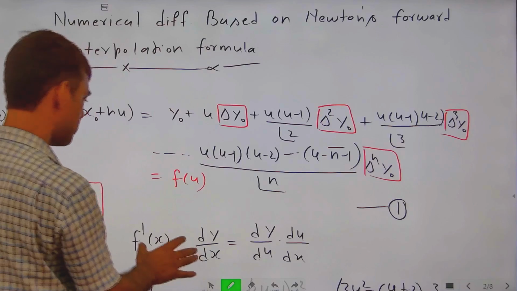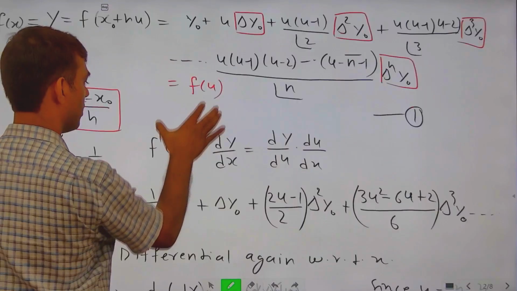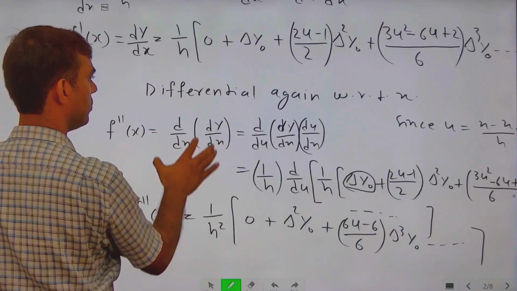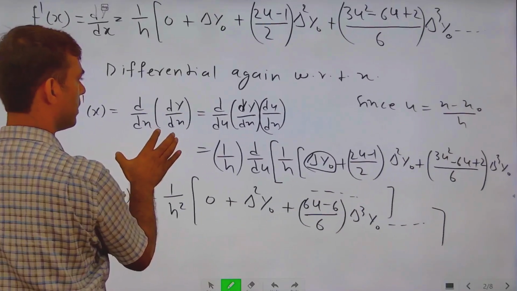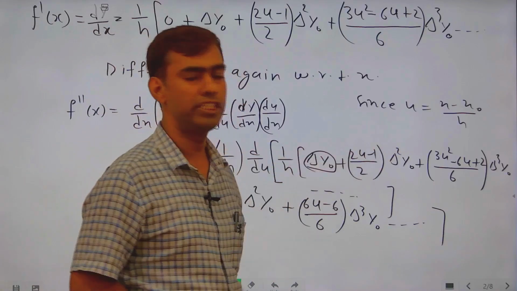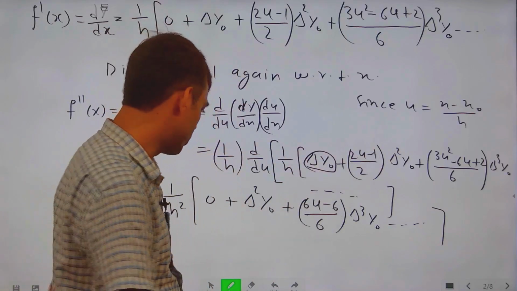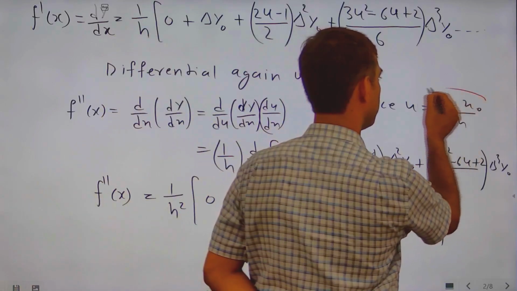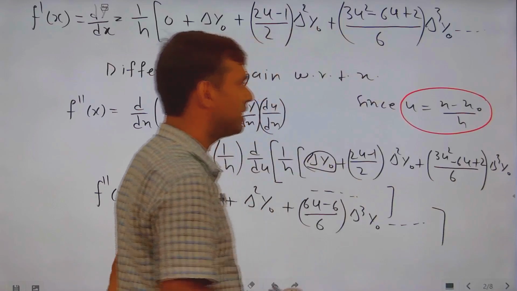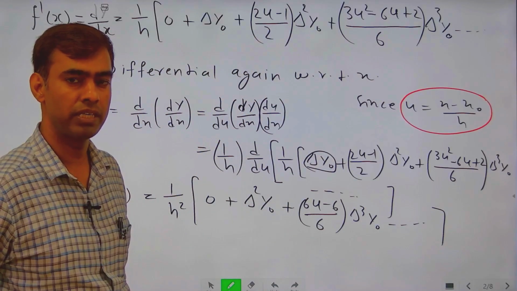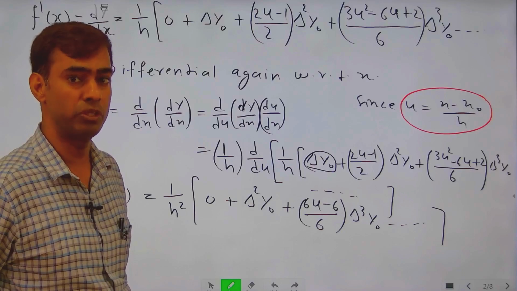This formula becomes very interesting if we try to find the derivative at the initial point. If we closely observe the value of u at the starting point, what is the value of u? The value of u becomes 0.